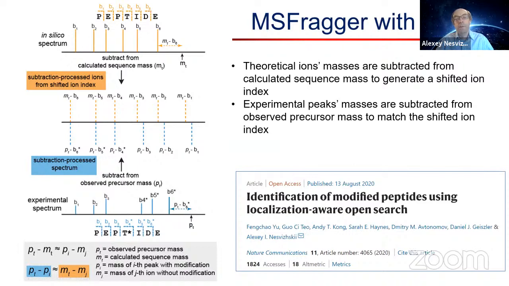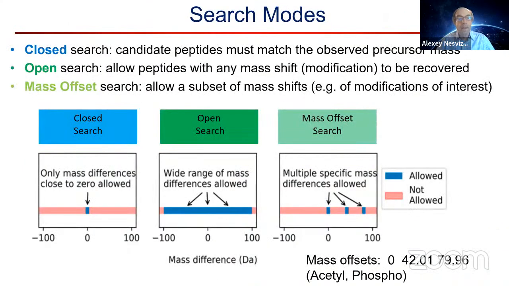Because initially, the straightforward open searching was only based on identifying peptides by unmodified Y ions. So really, this algorithm enabled us to do much better with MS-Fragger and open searching in general by incorporating those ions in scoring. So if you're interested, please read that manuscript.